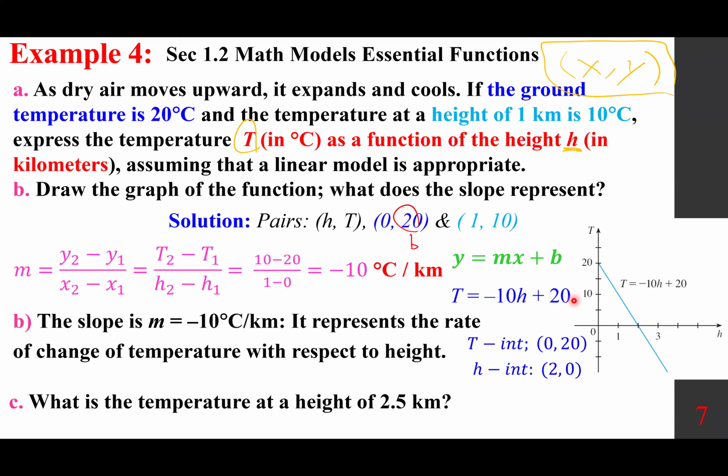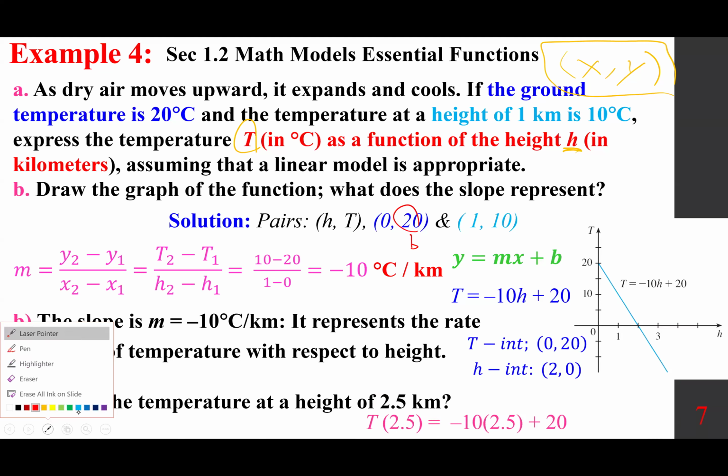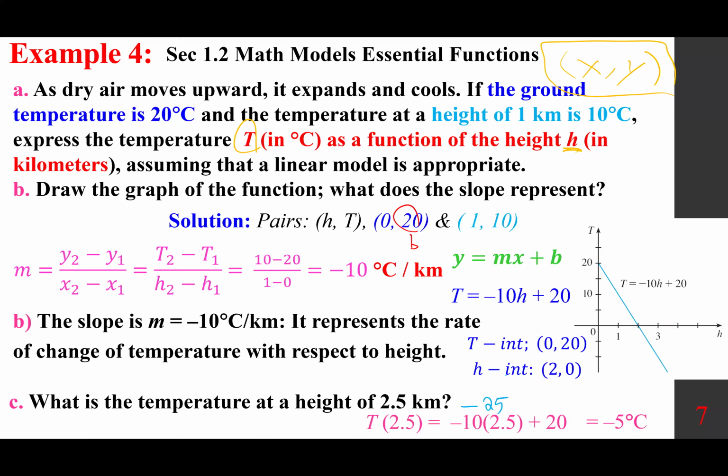So just replace the h with 2.5. Negative 25 and 20 add up to negative 5 degrees Celsius. When we deal with applications, we must always answer with proper units.